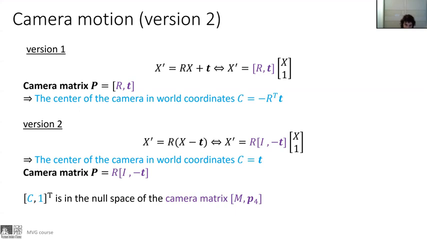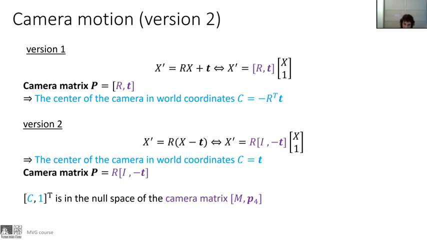You mean that T plays different roles in the two versions. In the first version, T is called translation, and the center of the camera in the world coordinate is T rotated. In the second version, T is exactly the position of the camera in the world coordinate system, and you don't have to rotate it.